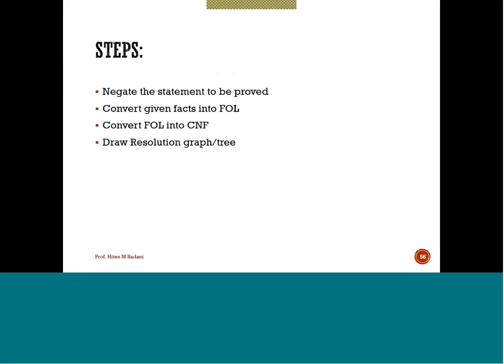I have not drawn the resolution graph here, so you can draw a resolution graph for that example. Remember, if you have two different questions, you can derive two different resolution graphs. Write down each and every step. If you have any unification, you have to write it down.